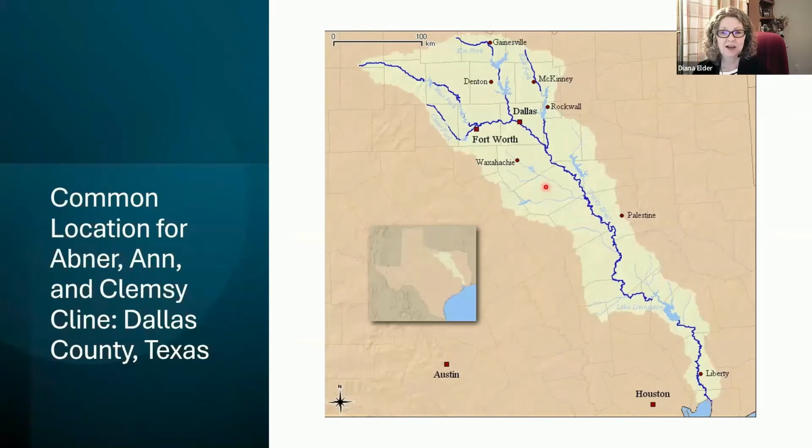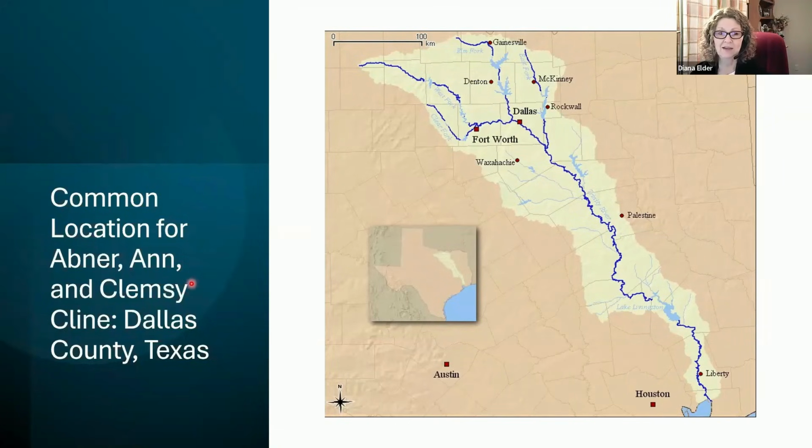Now, one thing that's really helpful in this project is location. So these Clines move out to Dallas County, Texas. Kaufman County, where that previous census that we talked about, 1860 census, is a neighboring county of Dallas County. And I found records for Abner and Ann, two of those children of John, mentioned in the 1850 census. And I found that Clemcy and her Weatherford family with Henderson had all moved to Dallas County, Texas.